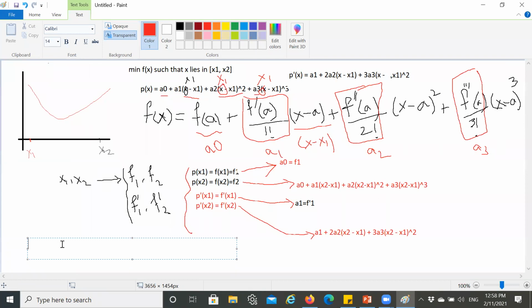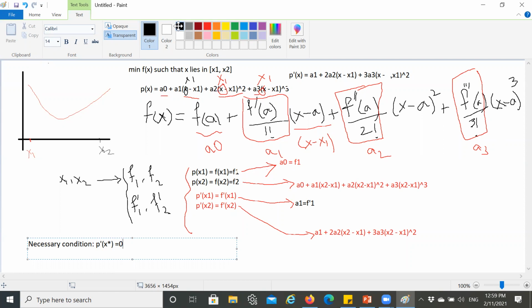Well, I want to write here now. I don't like red very much. The necessary condition for an optimal minimum point would be that the first derivative of P at some point, say X star, should be equal to 0. Am I right?